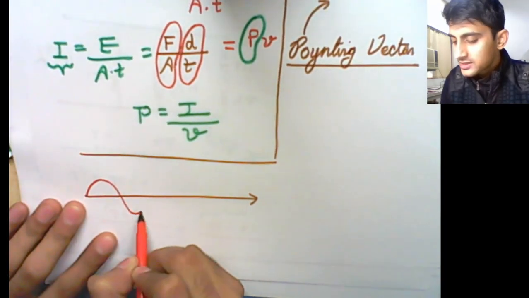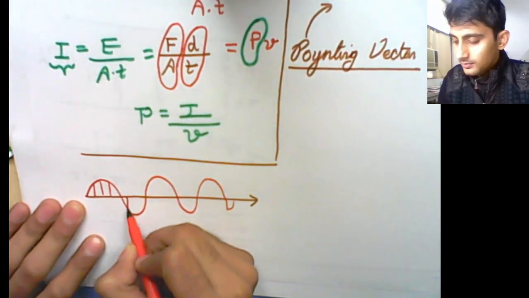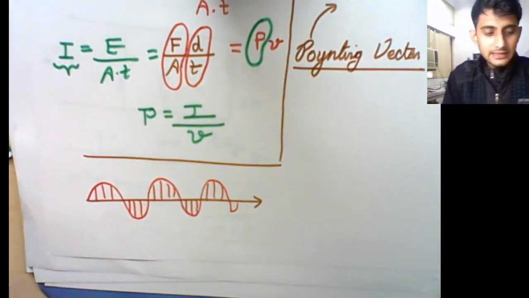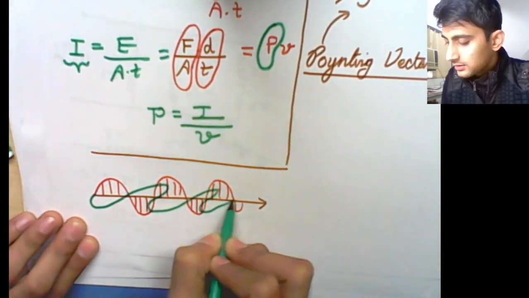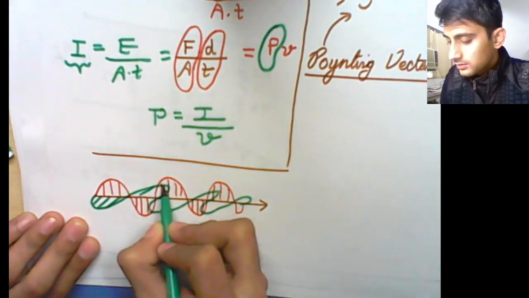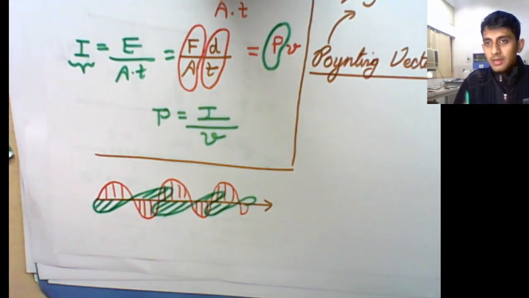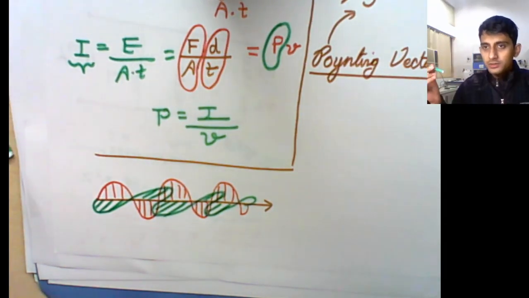For example, if this is the vibration of the electric field, and this will be the vibration of the magnetic field. So the vibrations of the electric and magnetic field vectors are perpendicular to the direction of propagation.